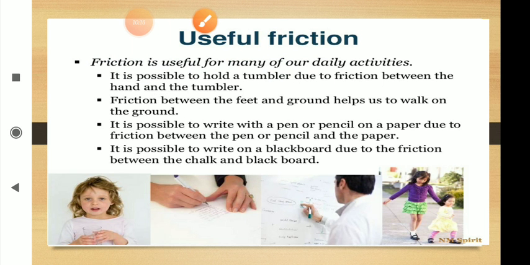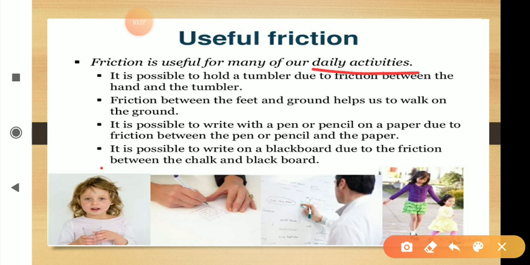Now this friction has some advantages in our life. We can say it plays an important role in our daily activities. For example, if we hold a tumbler in our hands, then a friction is provided between the tumbler and our hand.